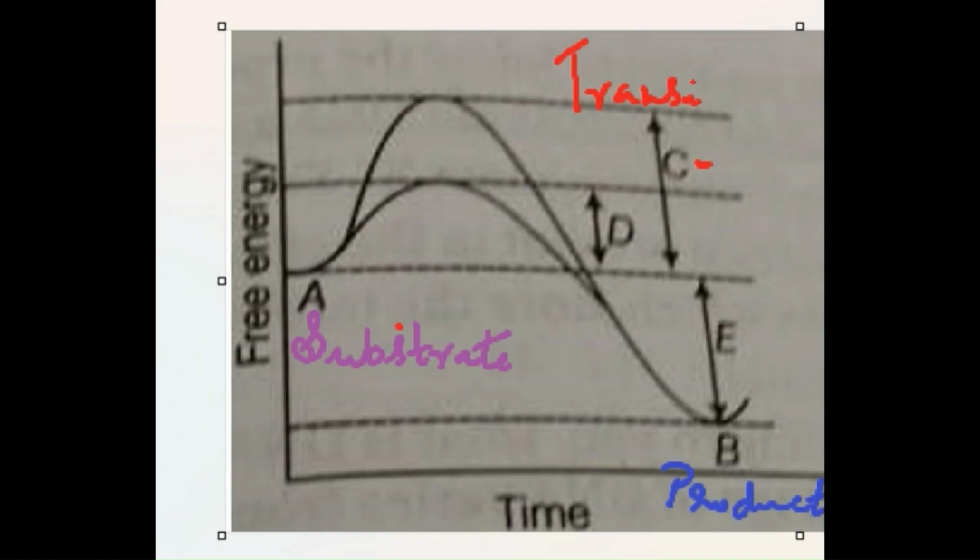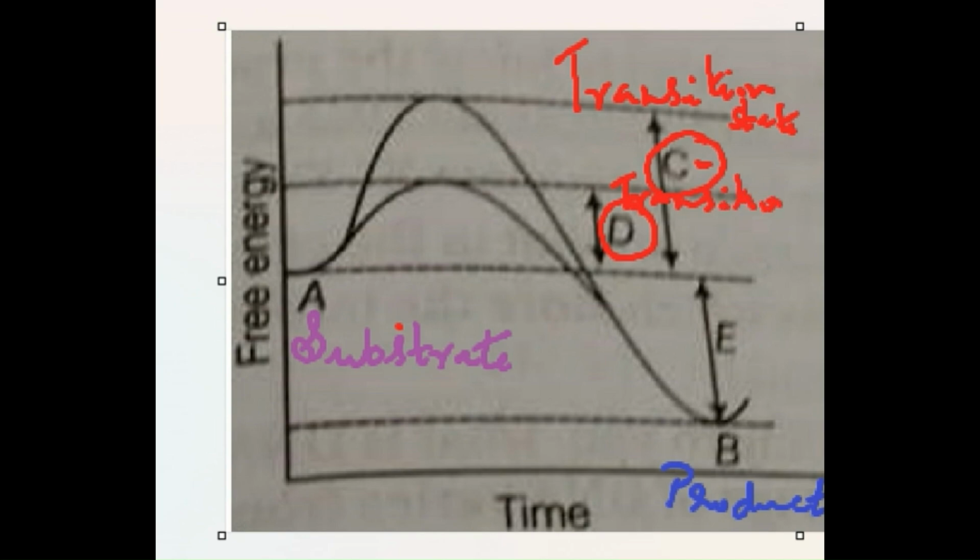This is the transition state. So that is C. And D is the amount of energy that is required for the substrate to get to the transition state.